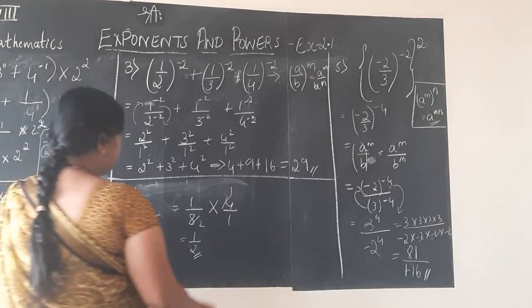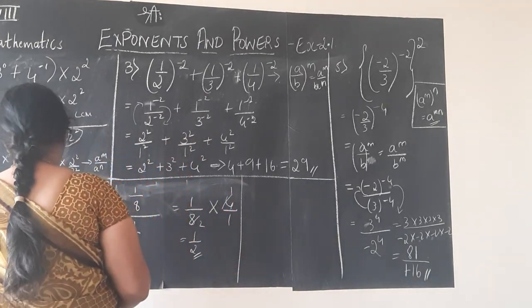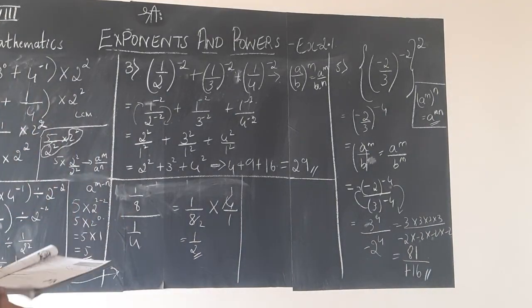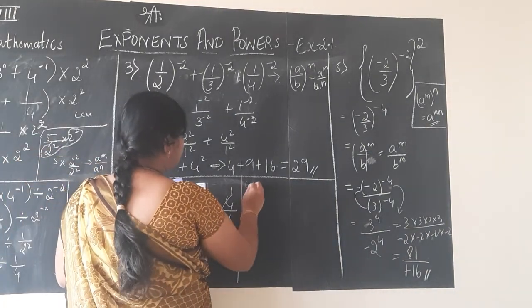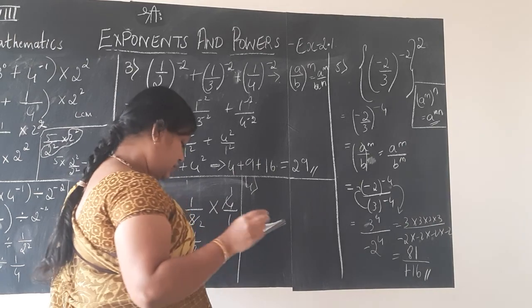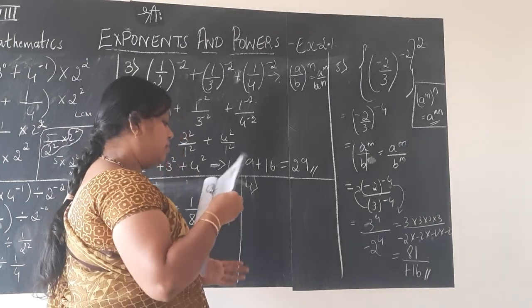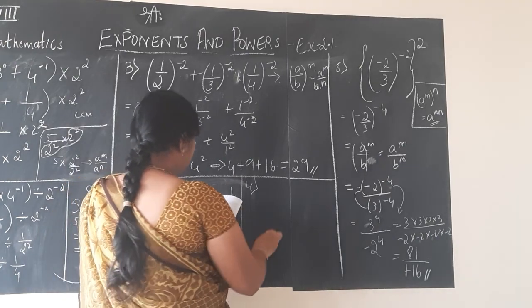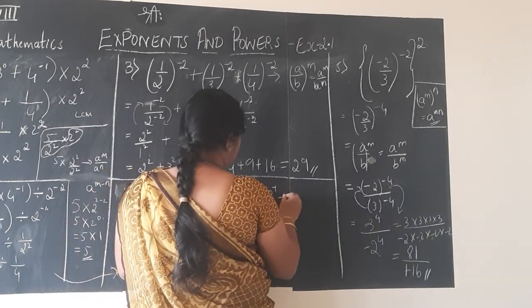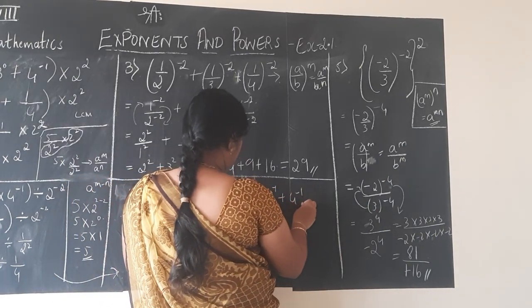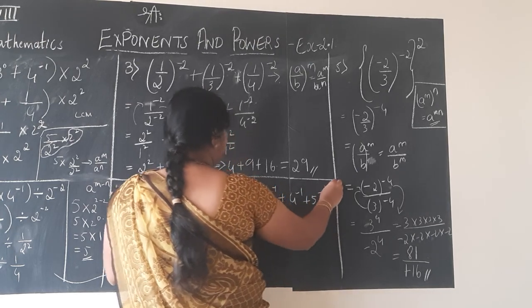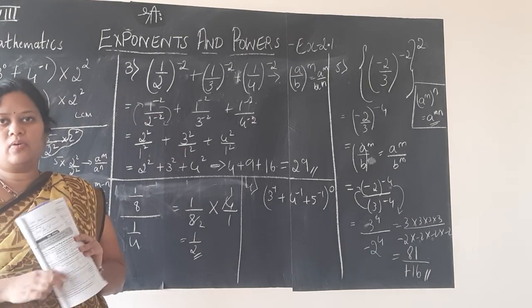The fourth problem I said I would do already. So what I do is, children, I will take your textbook and write the fourth question. It is a very simple question. It is on the next page. 3 to the power minus 1 plus 4 to the power minus 1 plus 5 to the power minus 1, whole to the power 0, is given.